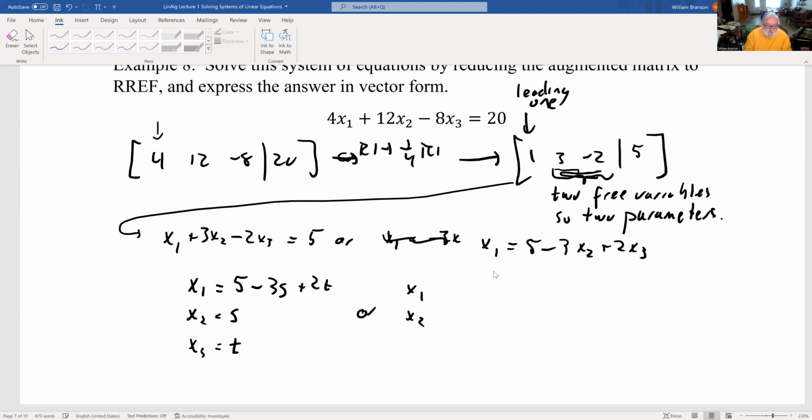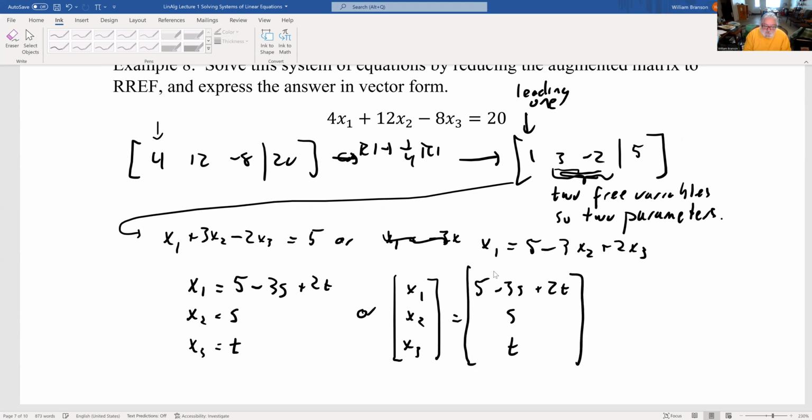And as vectors, we have 5 minus 3s plus 2t, s, and t. And then we can split this into 3 vectors. One is just the constant terms, and then one that involves all the s's, with a coefficient of minus 3, a coefficient of 1, and 0.